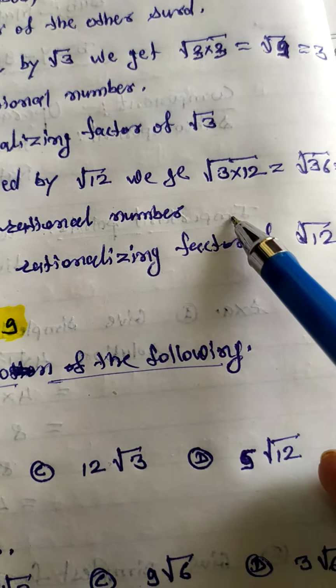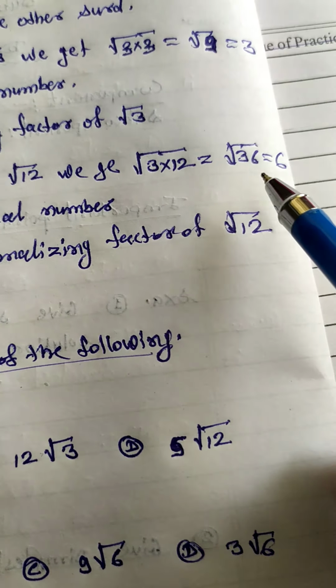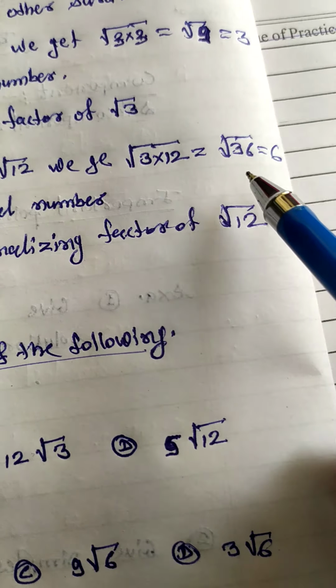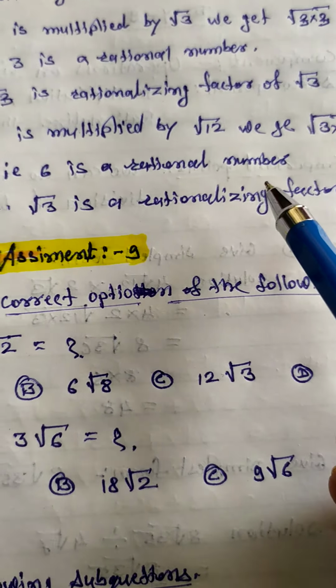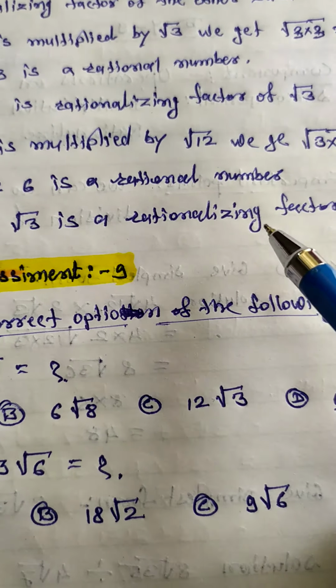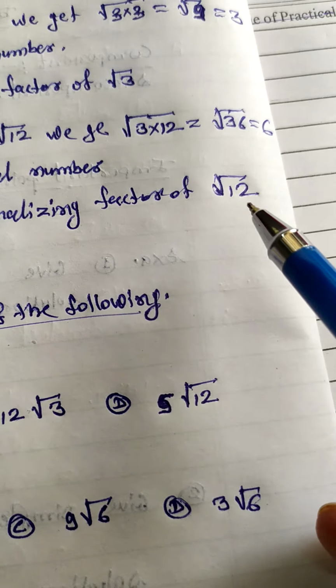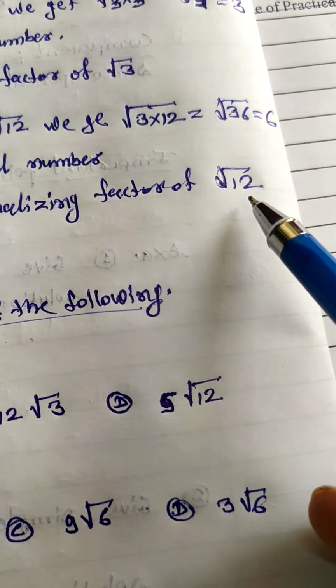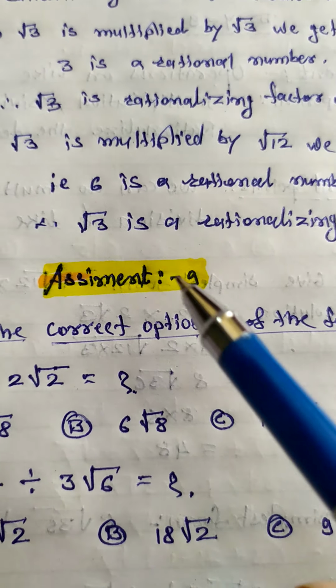We get under root 3 into 12, and 3 into 12 means root 36, and root 36 means 6. Again 6 is a rational number. Therefore root 3 is a rationalizing factor of root 12. And we can also say that root 12 is a rationalization factor of root 3.